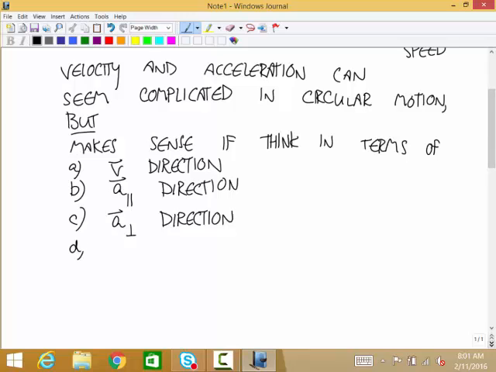And then the total acceleration is equal to the parallel part plus the perpendicular part.